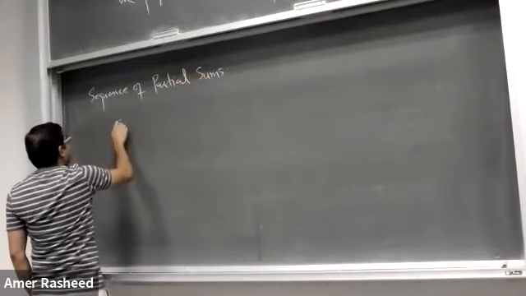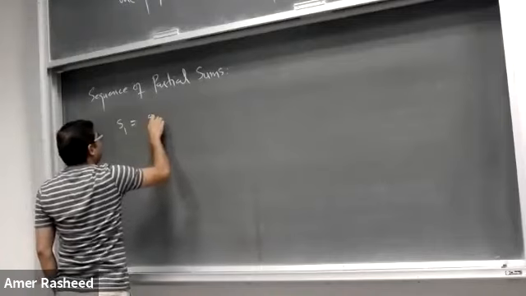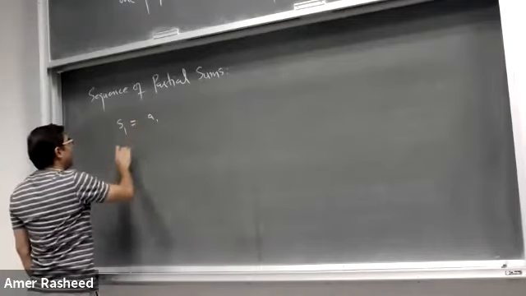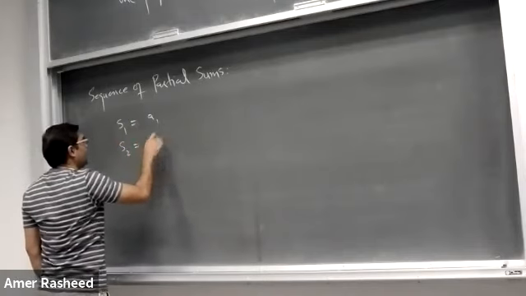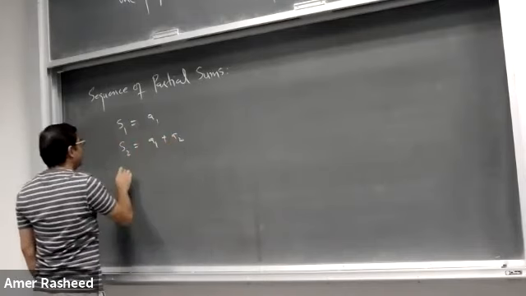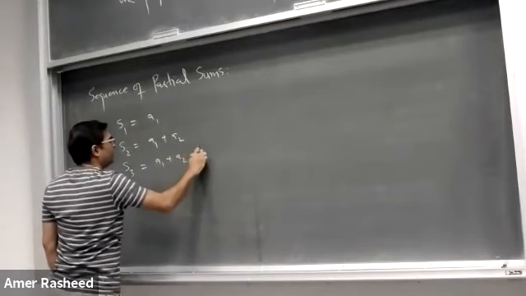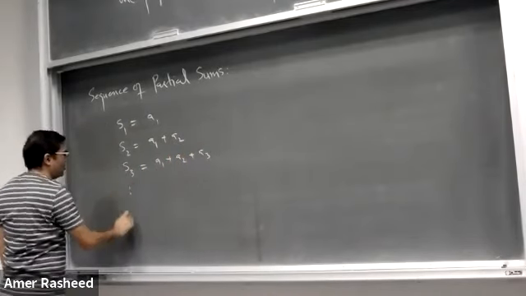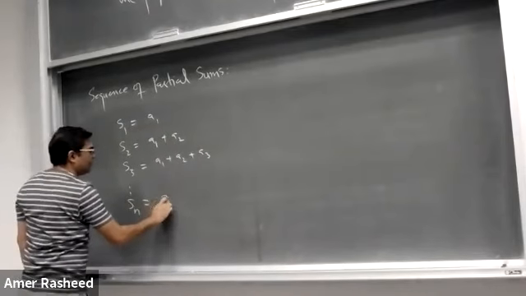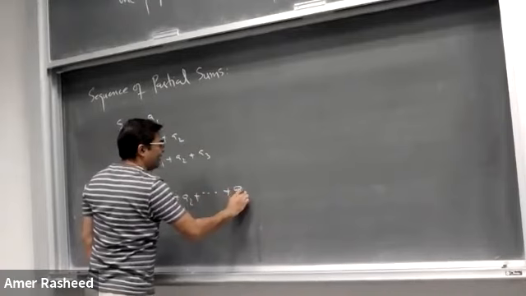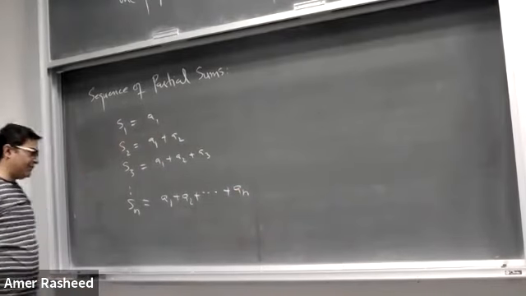What is it? S1 has only the first term, A1. S2 contains only the first and second. S3 is the sum of the first three terms, and so on. Sn is equal to A1 plus A2 plus so on plus An, the sum of the first n terms.